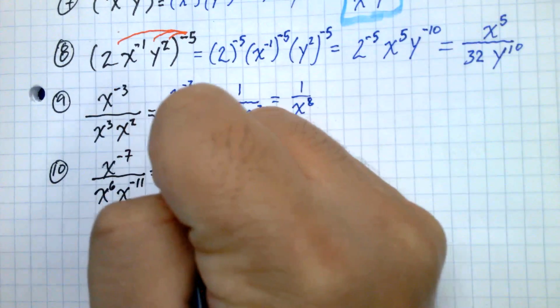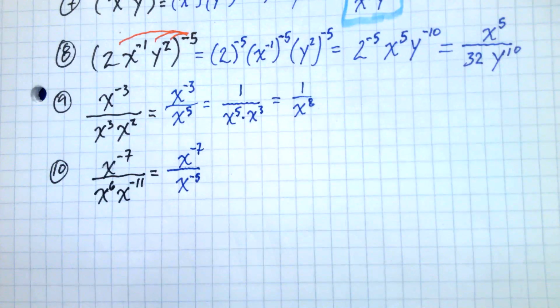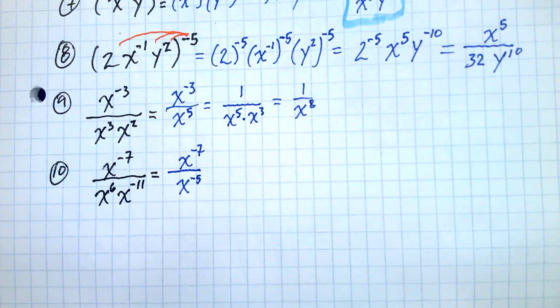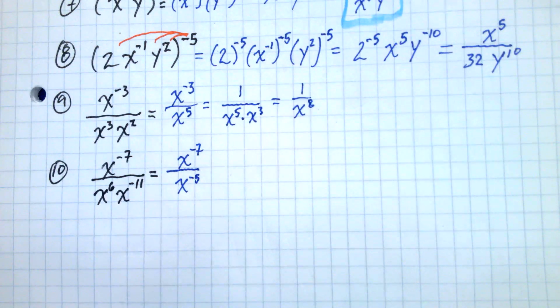And then x to the negative 7. Okay? So now, what do you want to do now? Again, we could subtract these or bring one to the bottom, one to the top. What shall we do? You want to subtract? Let's try it that way because we didn't do the subtraction method.